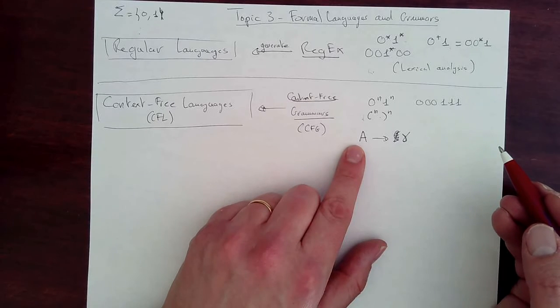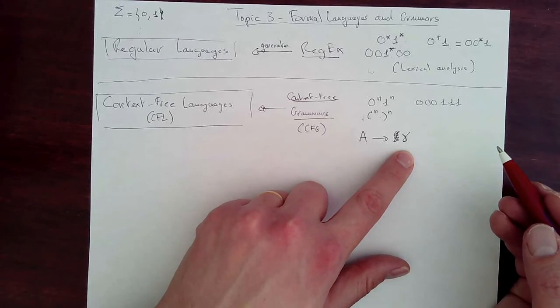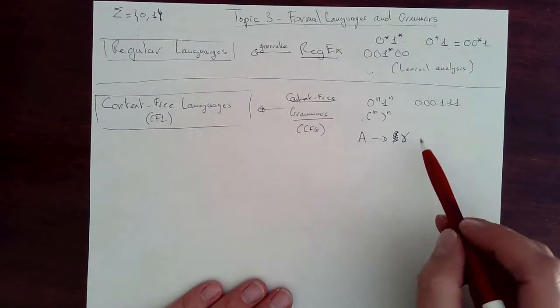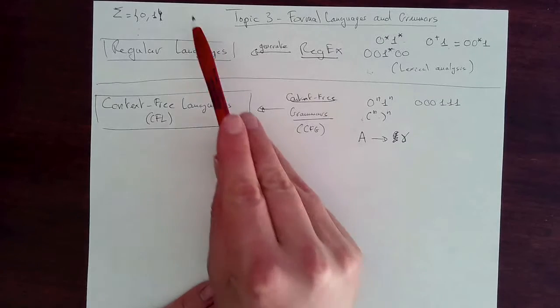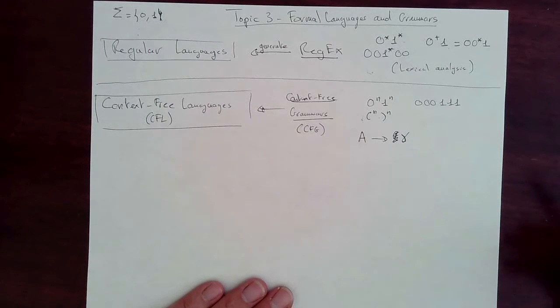So you can have zeros and ones along with other variables, right?